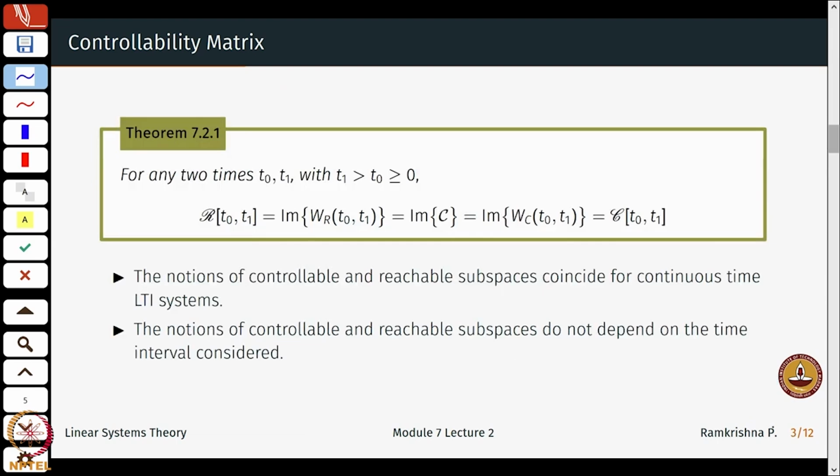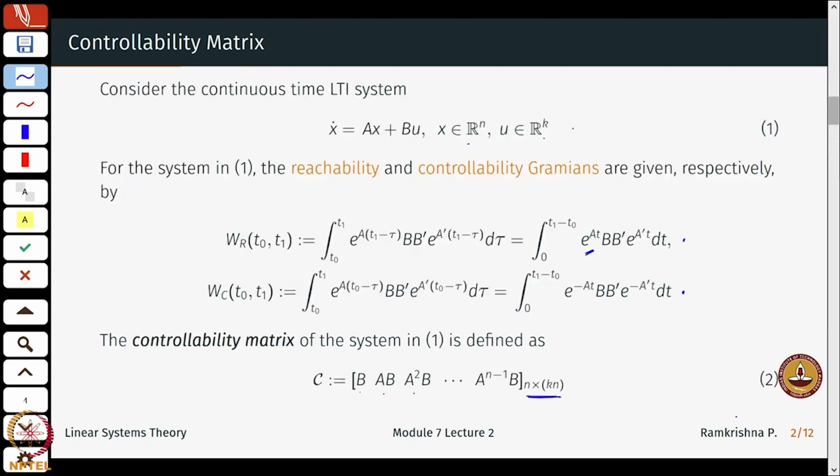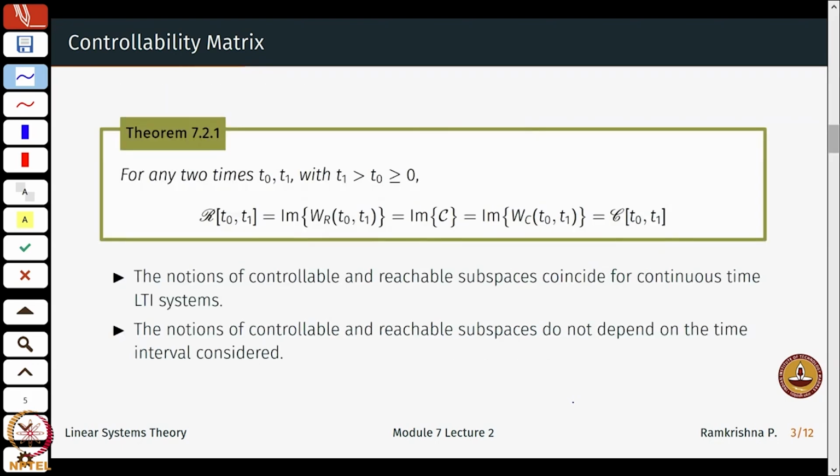Okay. Now, what is the relation of this controllability matrix defined here to what we learnt in the previous lecture on the reachable subspaces and its relation to the image of the reachability Gramian, and the controllable subspaces with its appropriate relation to the controllability Gramian. Okay. So, before we do this, we can not do a proof of this, but this is a little intuitive.